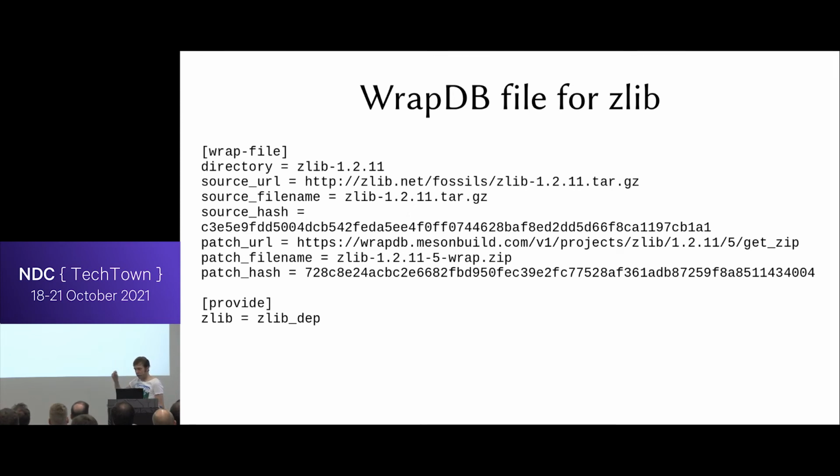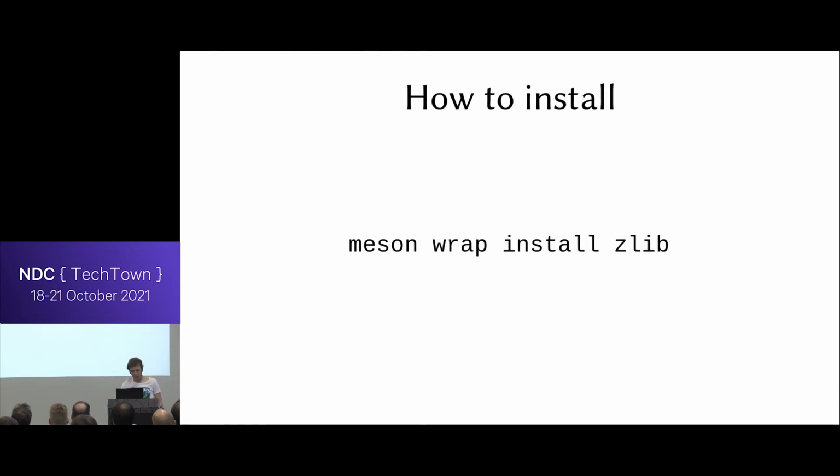For legal compliance reasons, or auditing purposes, this is exactly what you want, because you can prove very easily, this is the upstream, and this is the things that we added to it. You can give it out to lawyers or anyone, and they can say, okay, we can do this. This is very clear. You have completely separated out the original from the thing that you add on top. And if you want to use something from wrapdb, you do Meson wrap install zlib, which is exactly what you would want.